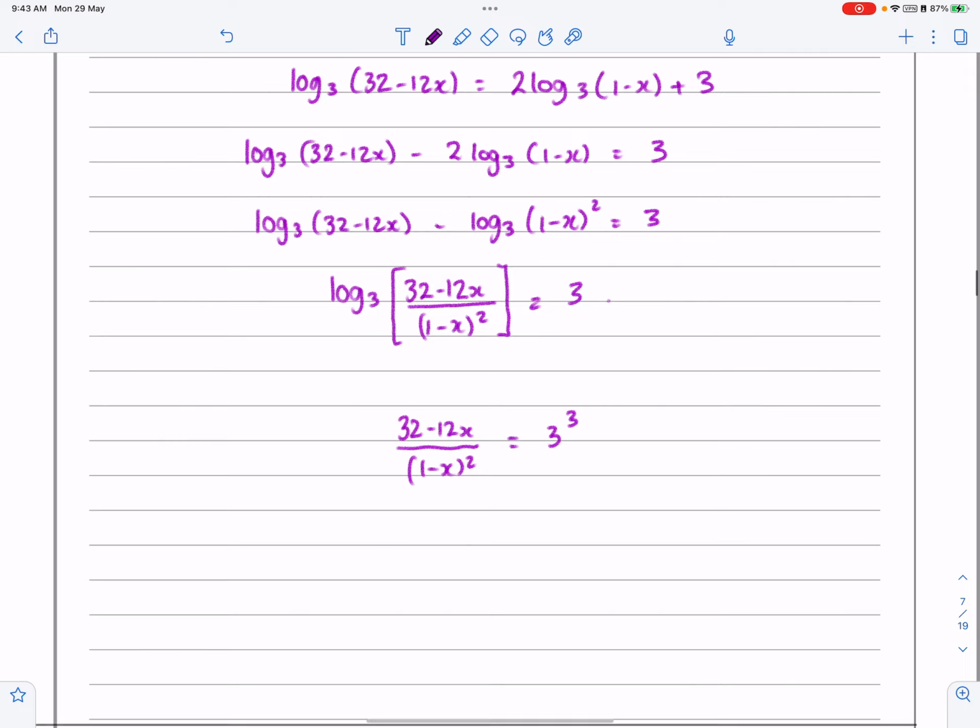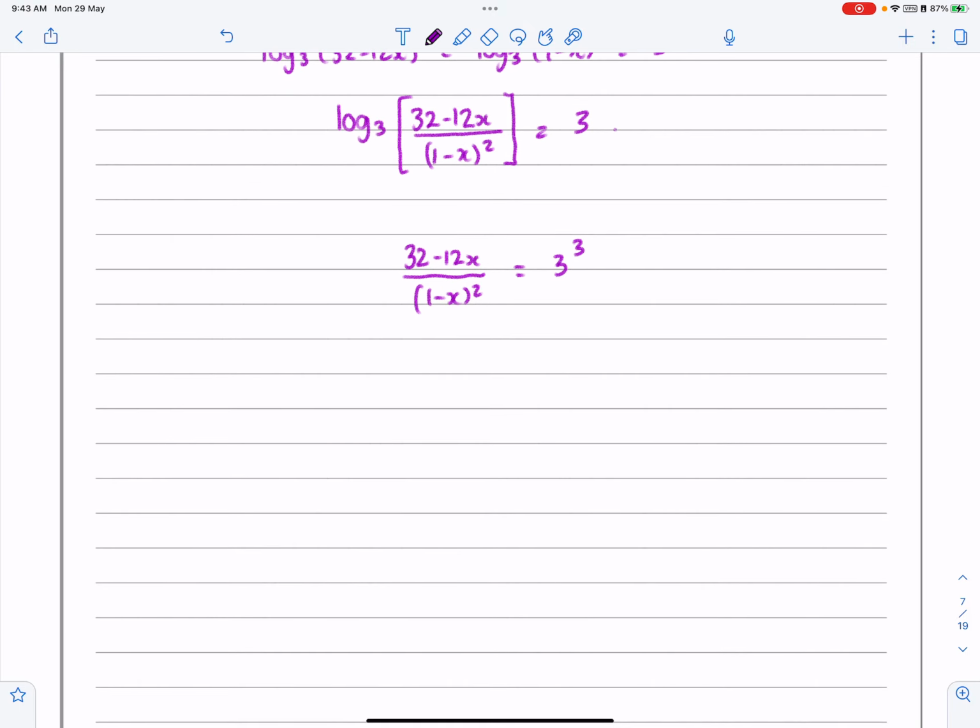So I get that as my equation. Should be easy from here. That looks just like something that needs tidying up. Just take your time, don't do anything silly. So 32 minus 12x all over 1 minus x squared equals 27. Just do the cubed. And now this thing can go up there and become times, can't it? Just normal algebra stuff, 27.